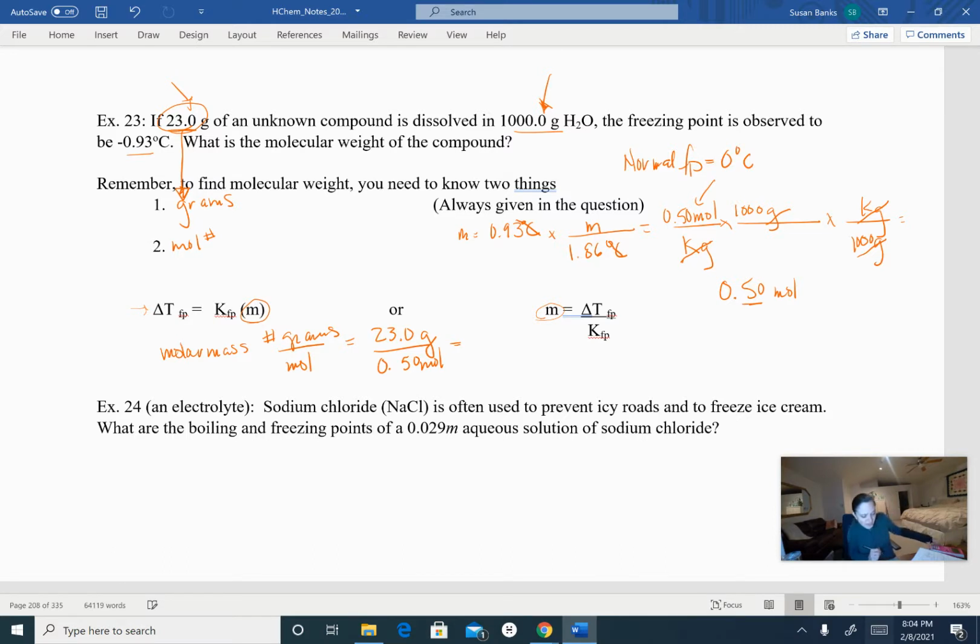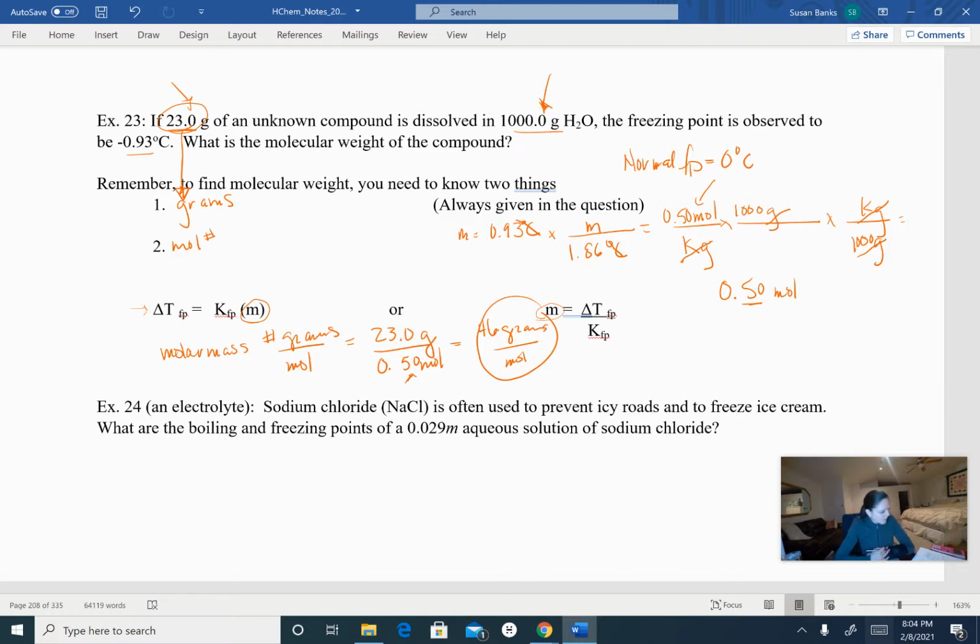So 23 divided by 0.5 gives me a molar mass of 46 grams per mole, with 2 sig figs. So I know that the molar mass of that compound is 46 grams per mole. Do I necessarily know what it is? No. But I could find out things that are near 46 grams per mole and probably make a pretty educated guess.